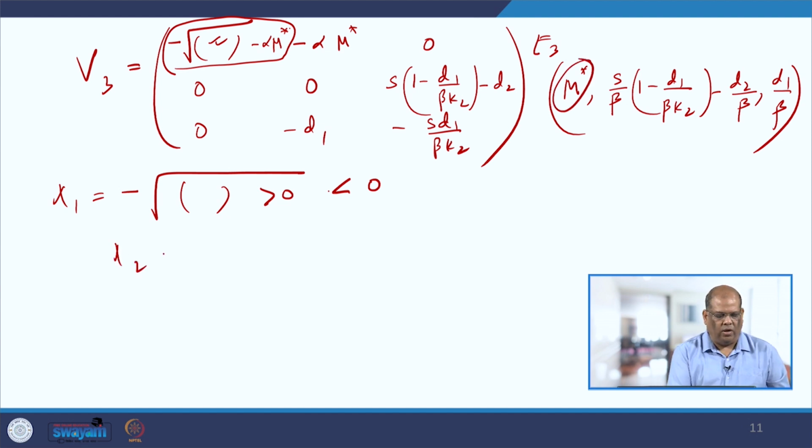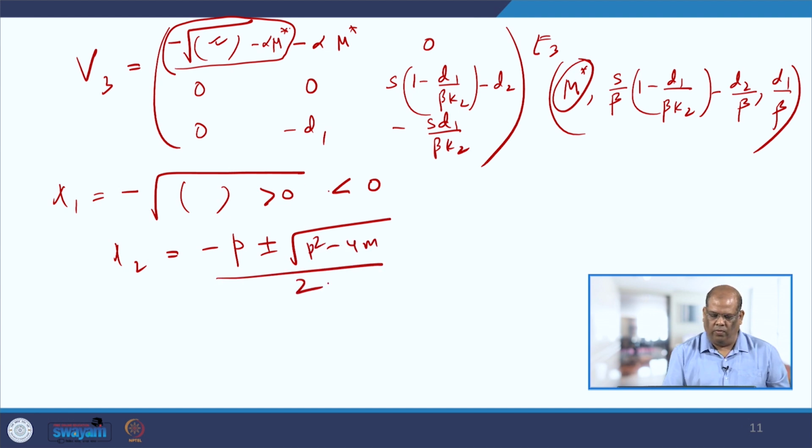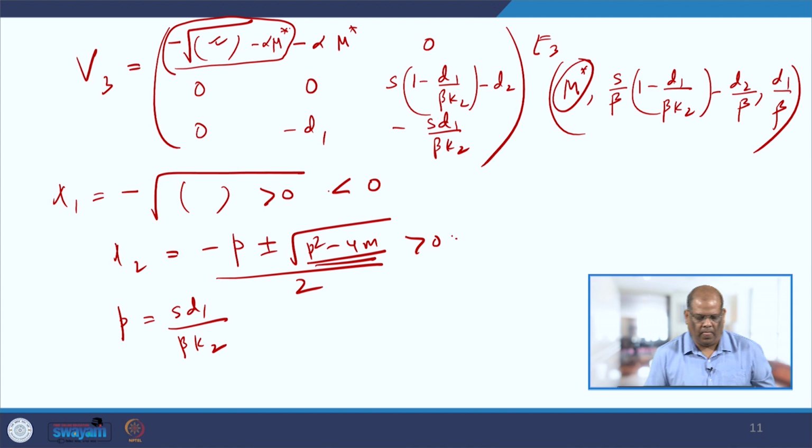So, your lambda 2 and lambda 3 will be of the form minus p plus minus root of p square minus 4m divided by 2, where your p is s d1 by beta k2 and this part will be positive.